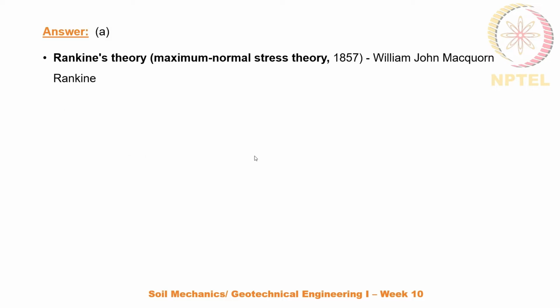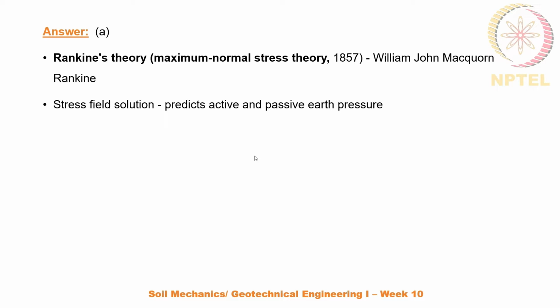So, what is Rankine's theory? Rankine's theory was put forward by William John Macquorn Rankine in the year 1857. It is also known as the maximum normal stress theory. It provides the stress field solution.